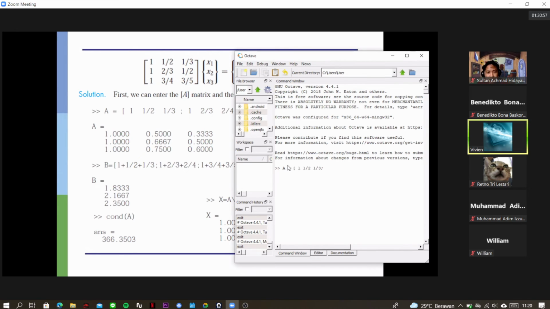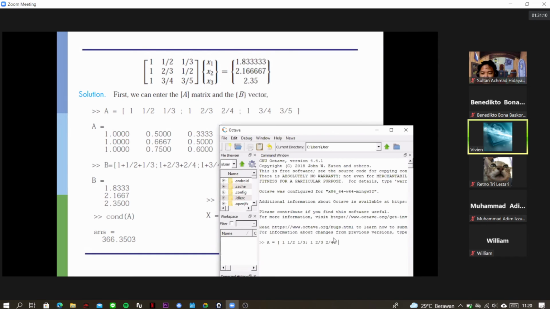So the second row is 1, 2/3, and 2/4, and then the third row will be 1, 3/4, and 3/5, and then we give a close bracket. So this will be the result.